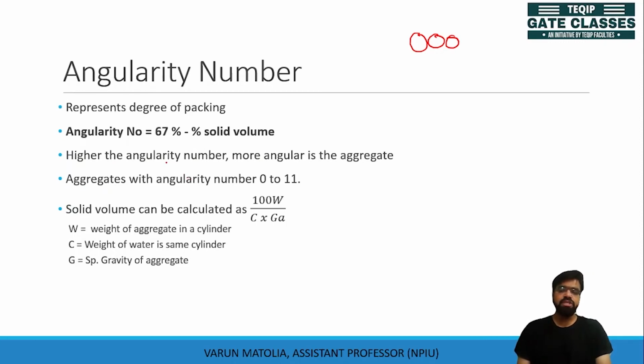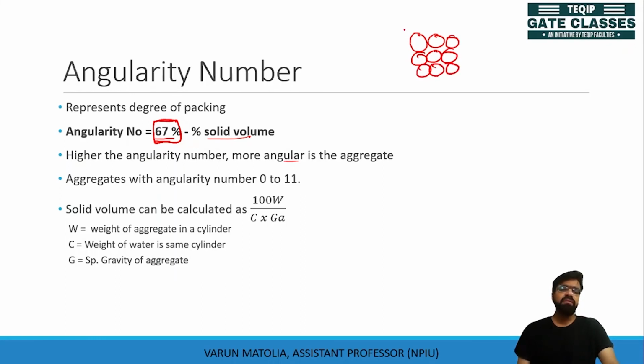If the aggregate number is higher, it gives you higher angularity. The aggregate number is calculated by subtracting the solid volume from 67%. It is considered that for perfectly round aggregate, the packing efficiency is 67%.